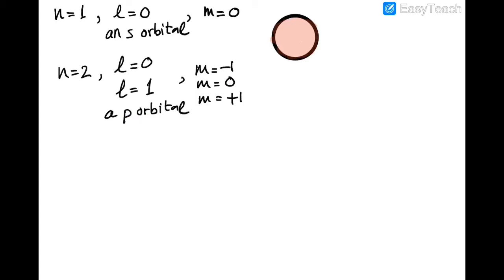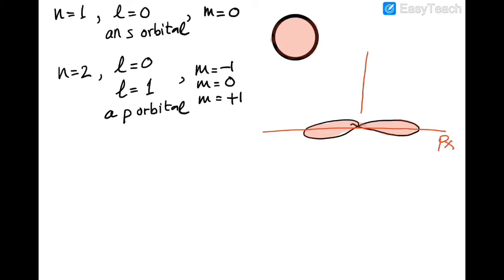The p orbital looks something like this, in which the electron can be found within this area. So it looks something like a balloon. And of course, because we recognize three different axes, we can call this px, for instance.